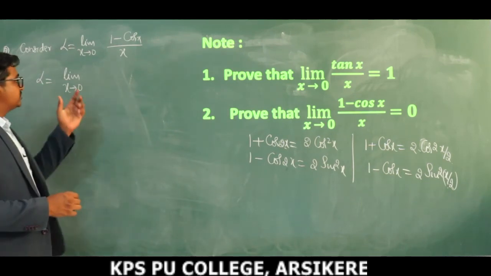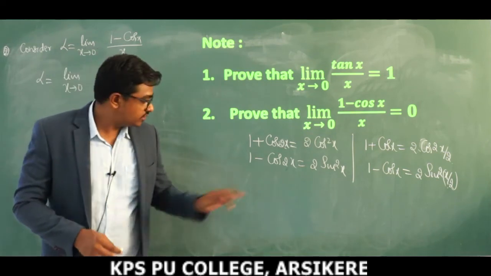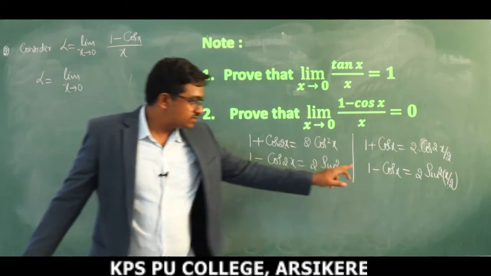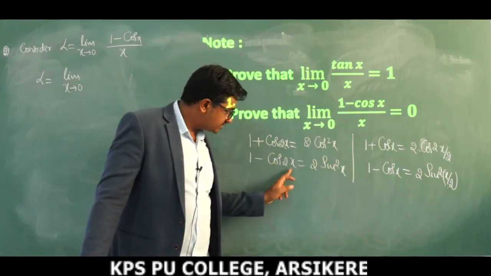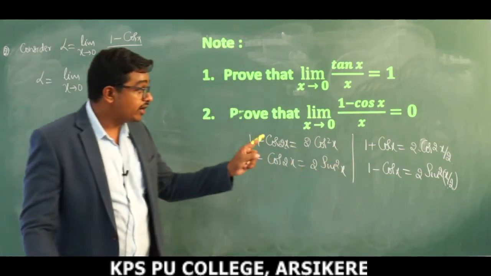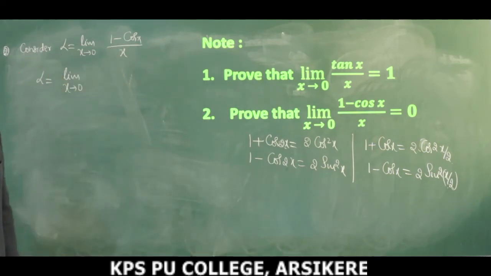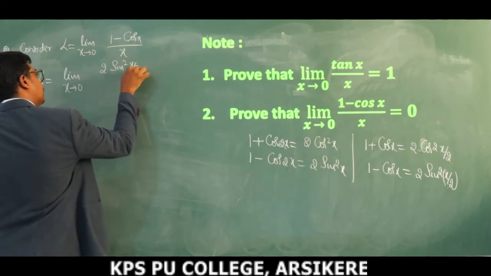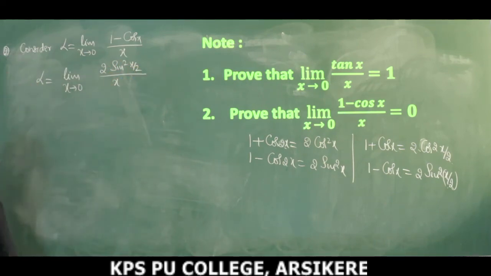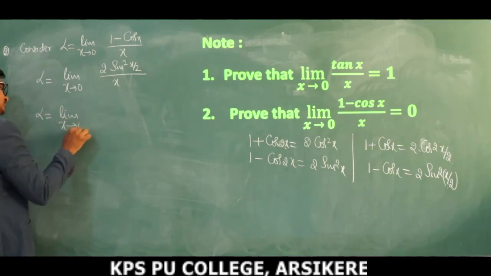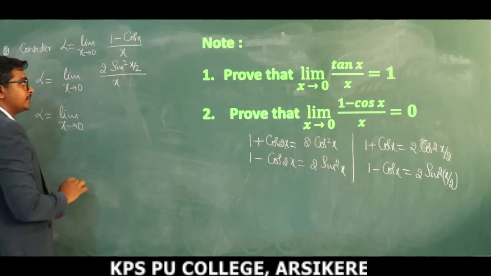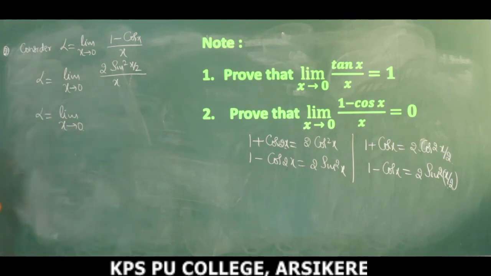Okay, so what was the expression for 1 minus cos of 2x? It is 2 sin square x. Similarly, 1 minus cos x is 2 sin square x divided by 2. So therefore this becomes 2 sin square x divided by 2, divided by x. L is equal to limit as x approaches to 0 of, so this 2 will go to the denominator and sin square x by 2 can be split as 2 terms.